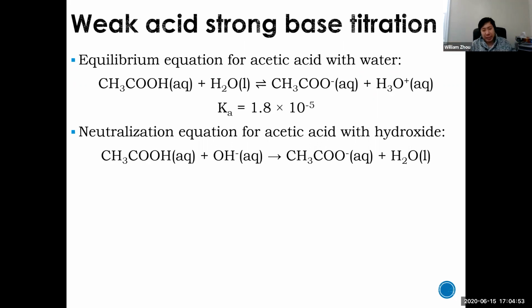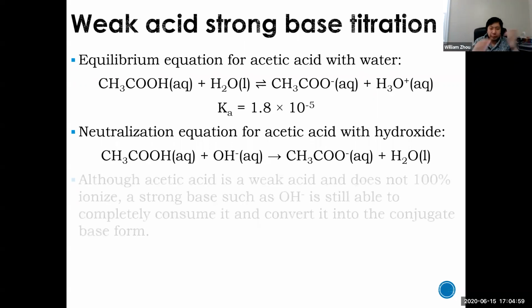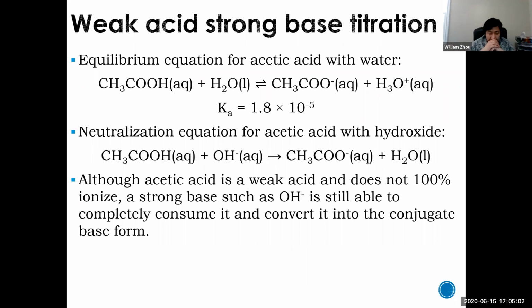All right, so it is not in equilibrium. It goes in one direction, and this will go to completion. So despite the fact that acetic acid is a weak acid, it does not 100% ionize, but it can still be consumed completely by a base.